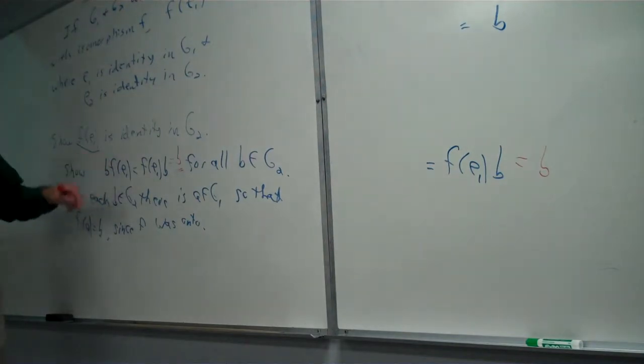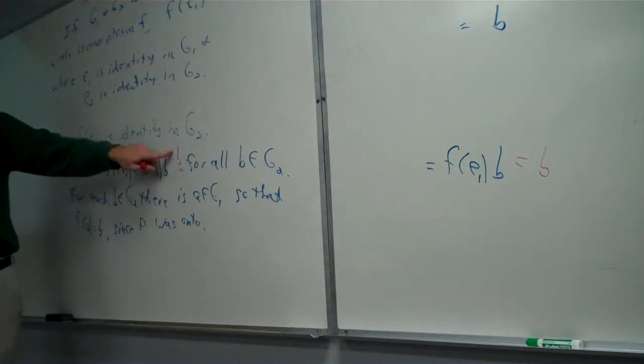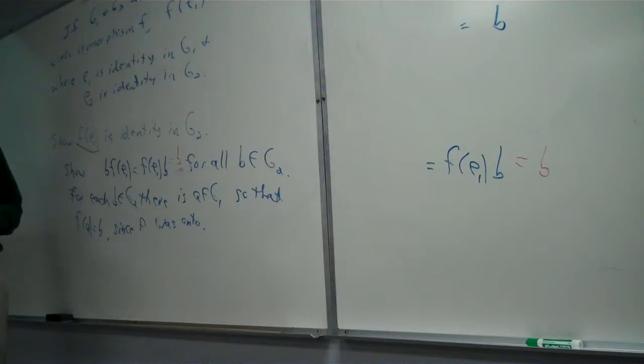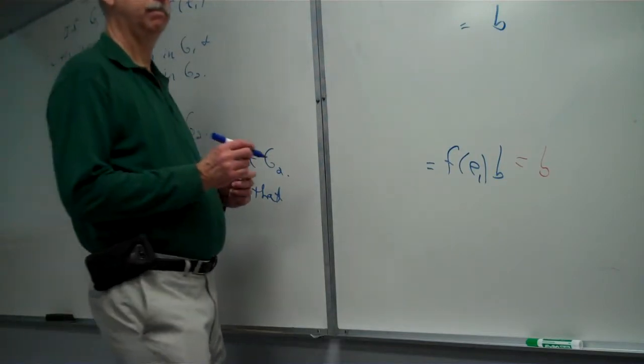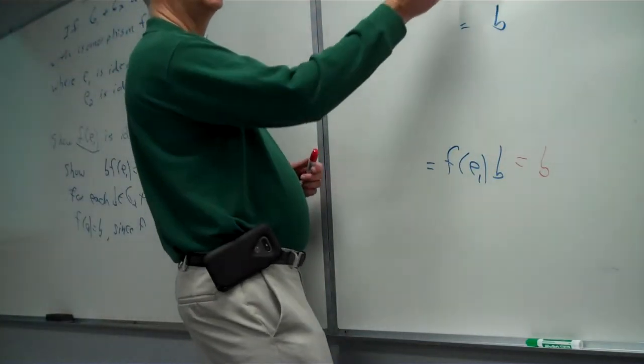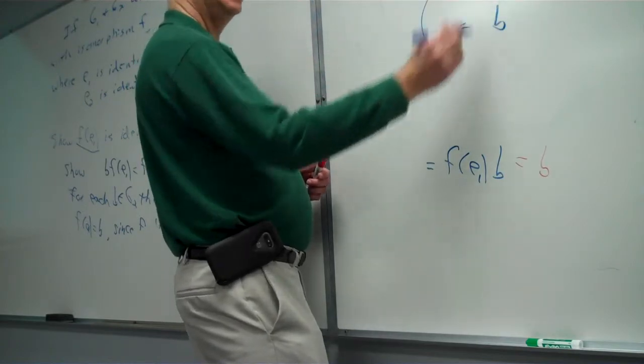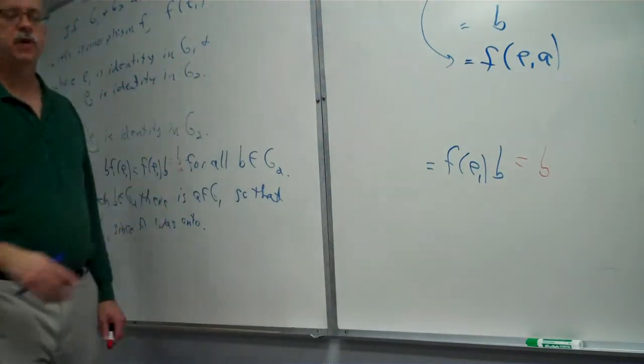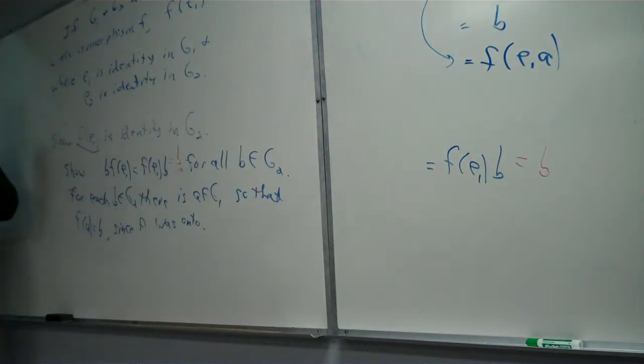So I haven't gotten to this part yet, but I jumped straight to b times f of e1 really is equal to b. Guess we could also jump from here, since it's the identity. The identity does commute with every other element. We don't know about everything else, but at least the identity commutes with everything else, because it always gives the original element.